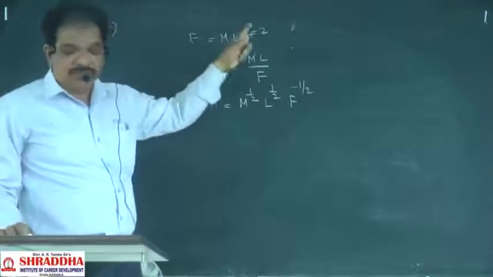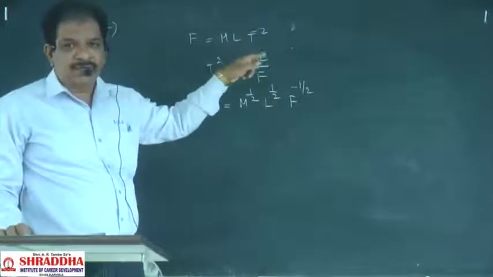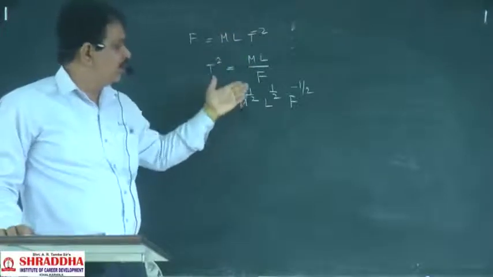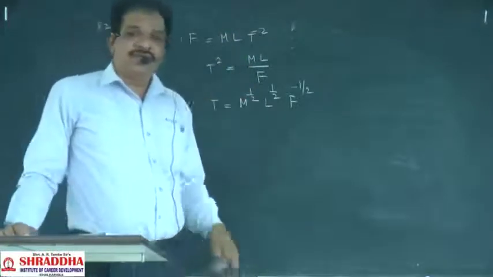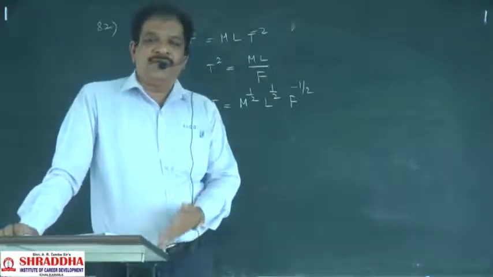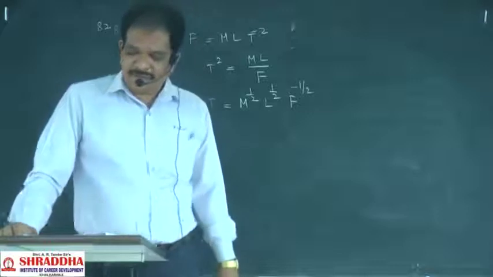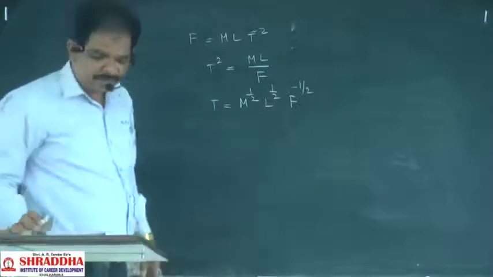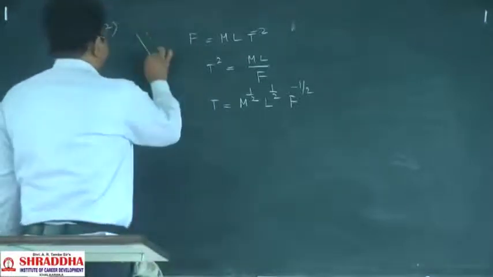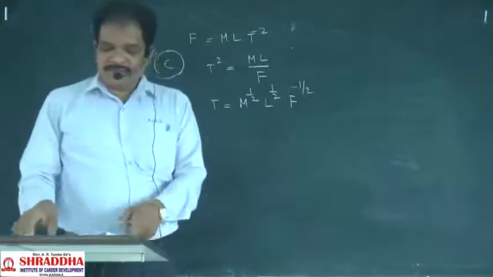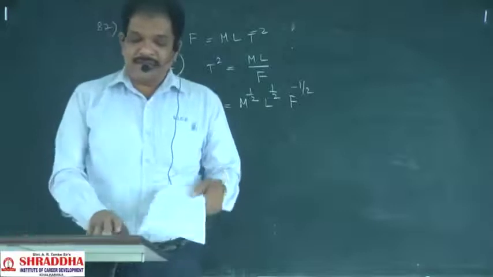F is equal to m power x, L power y, capital G power z, then we have to derive. Here no need to derive because F is already dependent on MLT, then time will depend on MLF. Easily we can do that one. 82, it will be C. Clear? Next, 83.